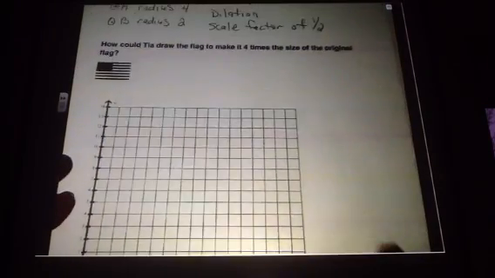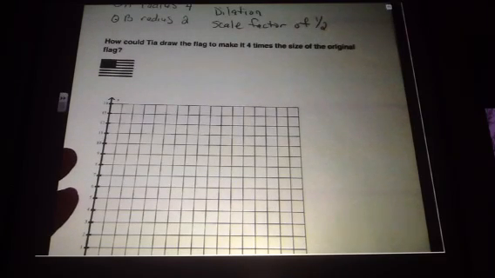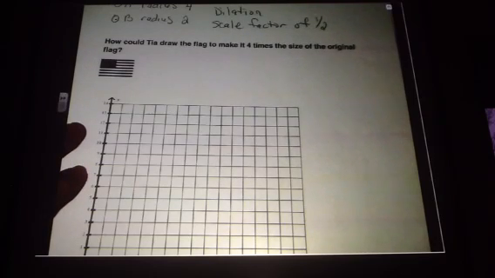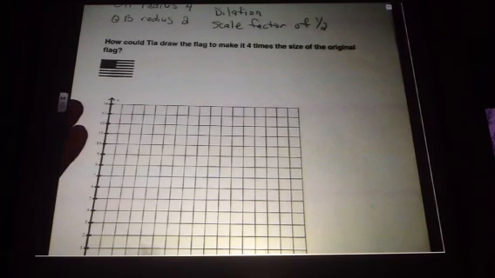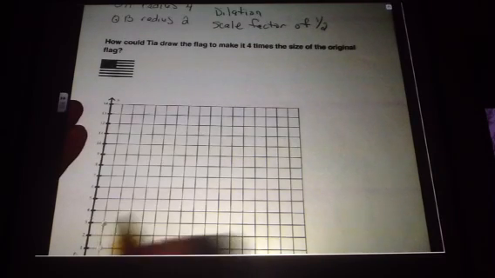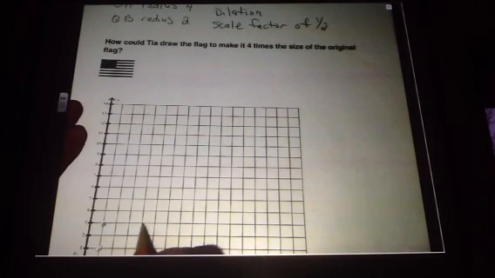All right, last one. How could Tia draw the flag to make it 4 times the size of the original flag? Okay, so I need to give you all the flag, and it's going to be labeled at 1-1, and then 4-1, and then let's see, we got a point at 1-3 and 4-3.